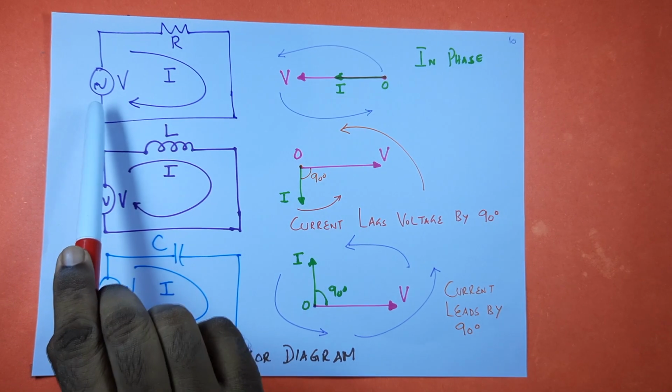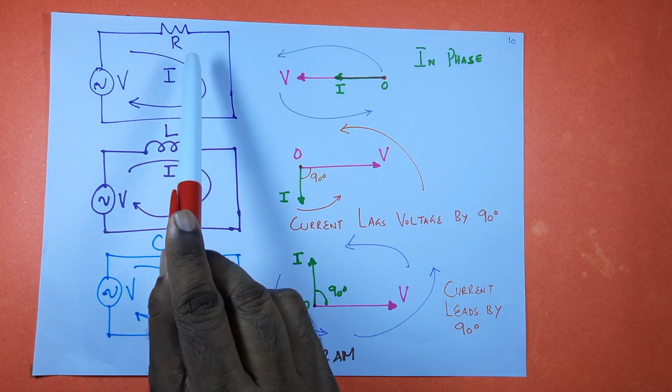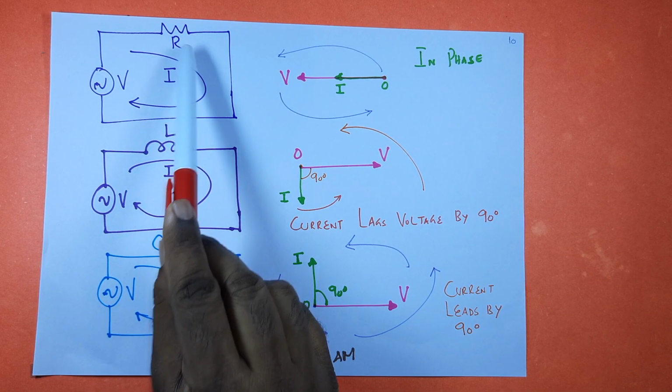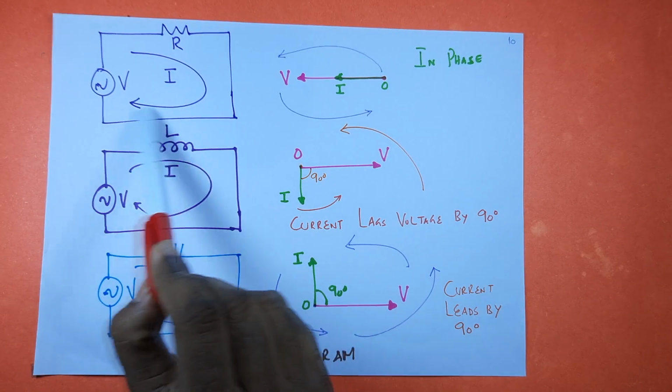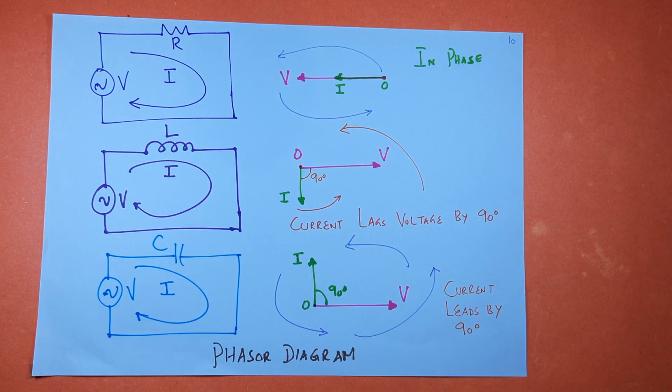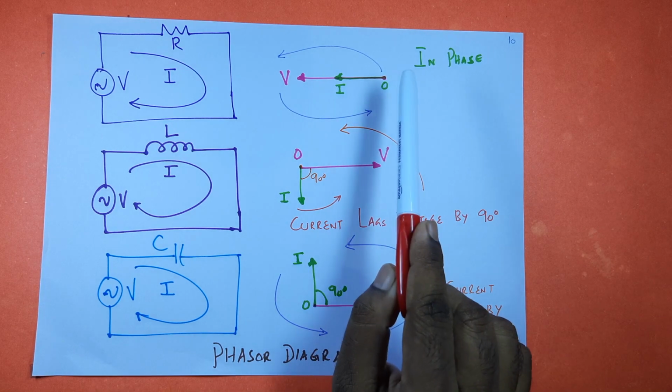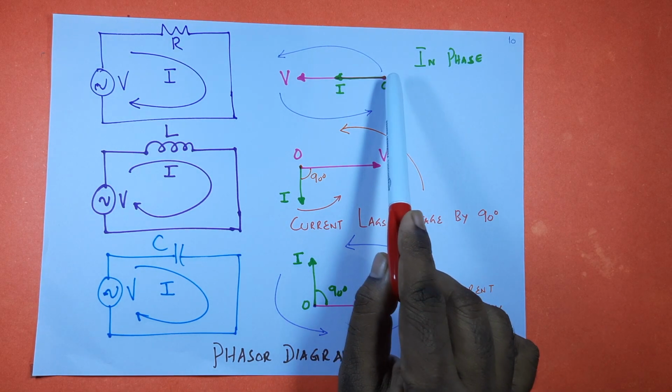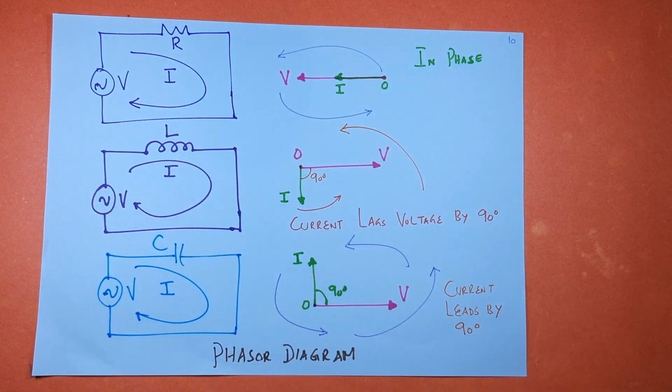For example, consider one voltage source connected with a resistor. I is the current phasor flowing in the circuit. Suppose these phasors are rotating in the anti-clockwise direction. Normally, we show phasors rotating anti-clockwise.